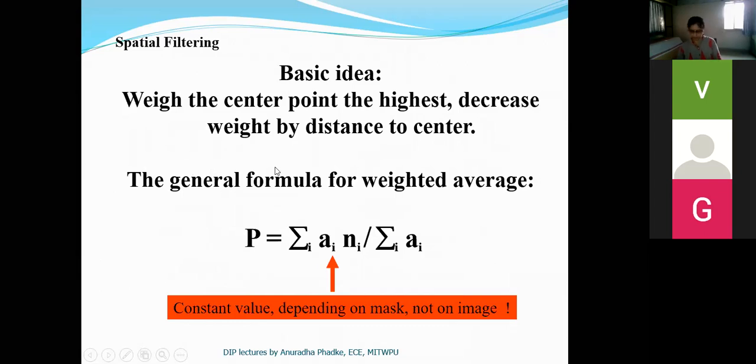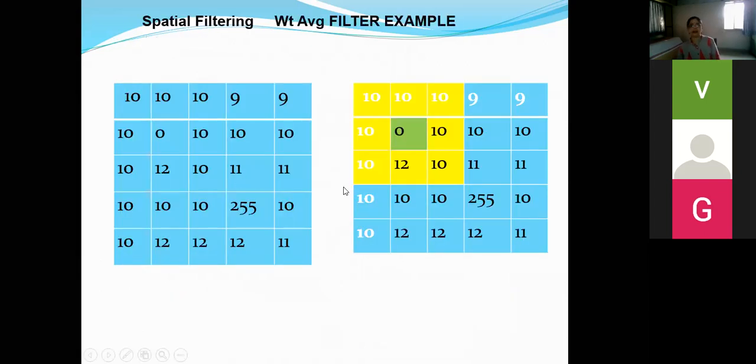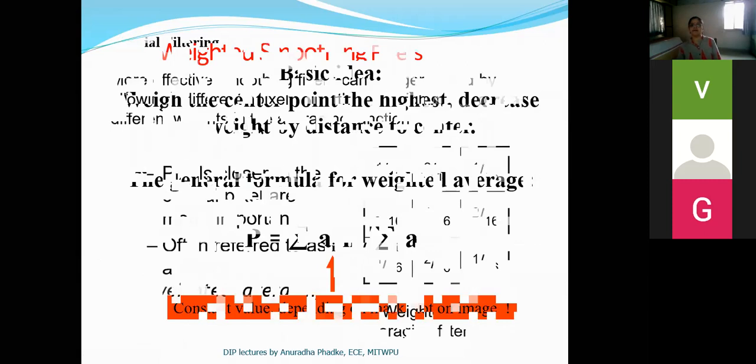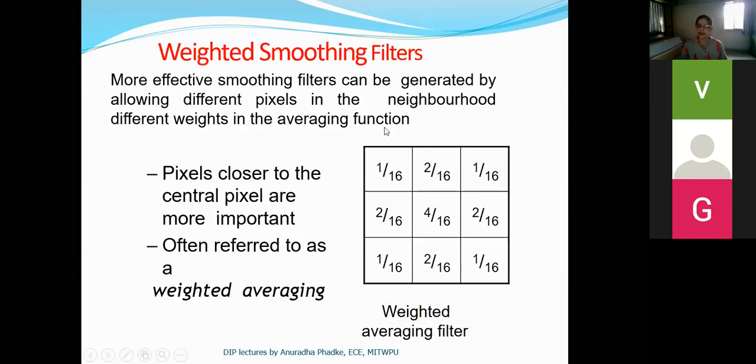Basically, one advantage of the weighted average filter is that it can preserve the edges, or it can have a lesser amount of blurring effect as compared to the normal averaging filter. When we consider the normal averaging filter, all these coefficients are identical. They are 1 by 9, 1 by 9, 1 by 9.